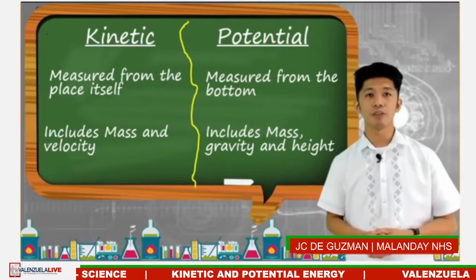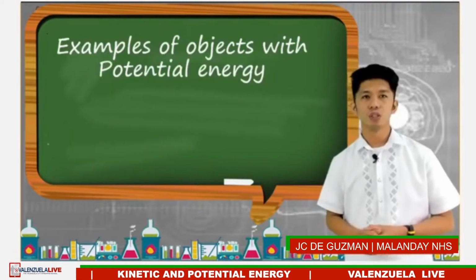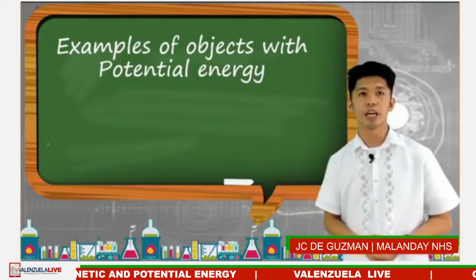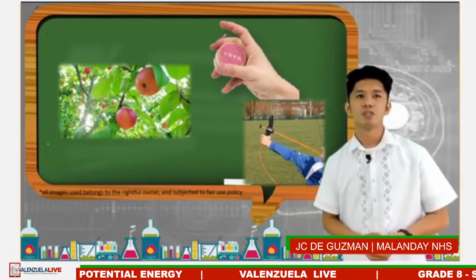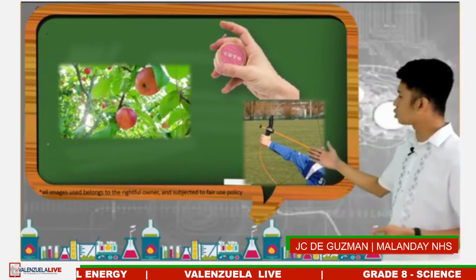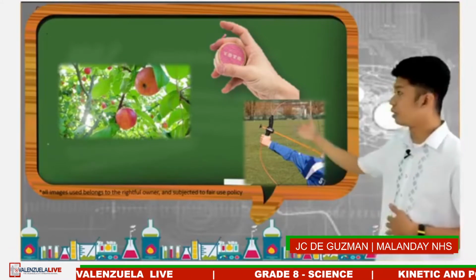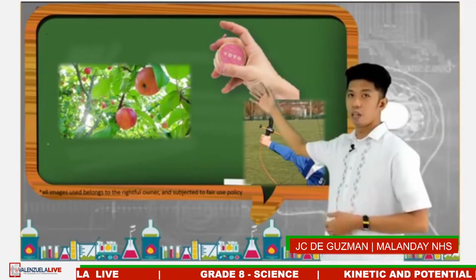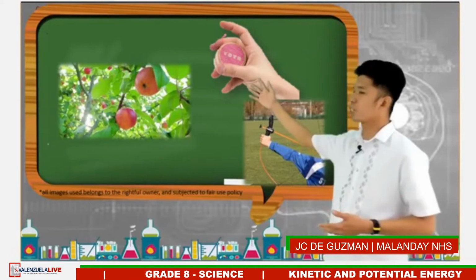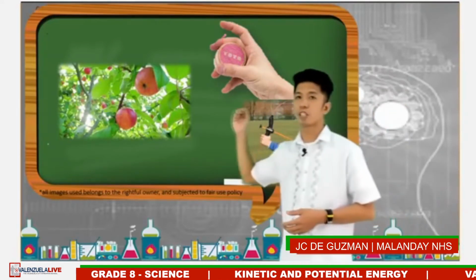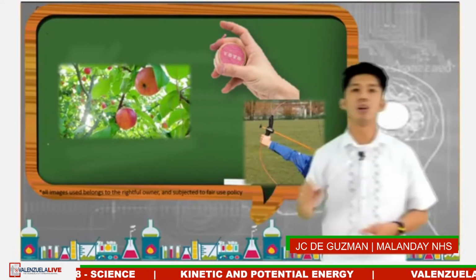Now, I'll be giving an example. First, potential energy. This one shows elastic potential energy, and then the yo-yo also shows potential energy, the gravitational potential, and then the apple on the tree.